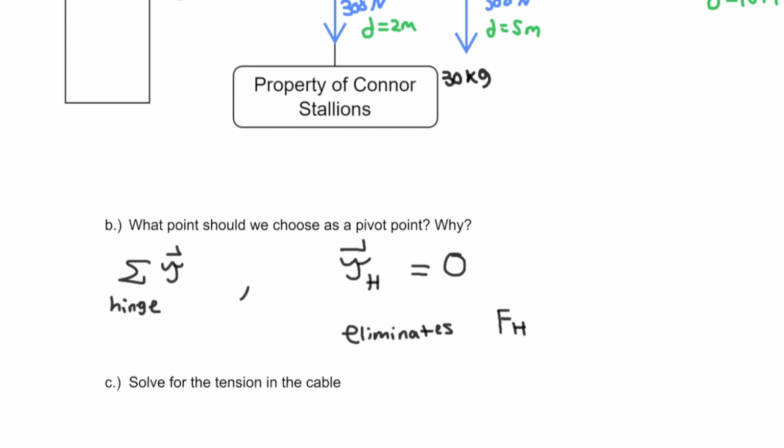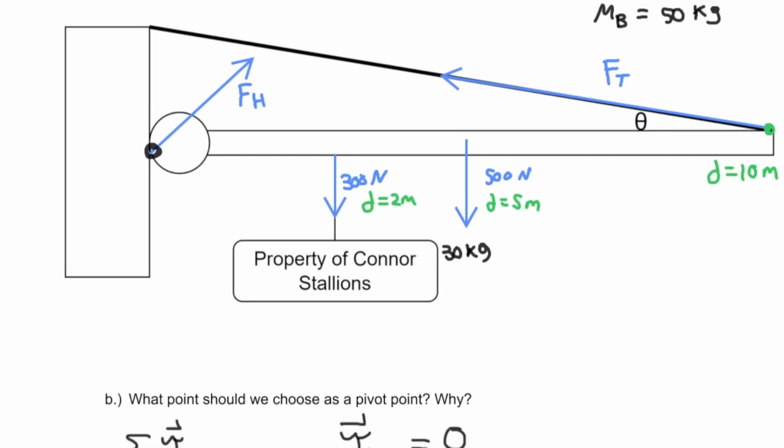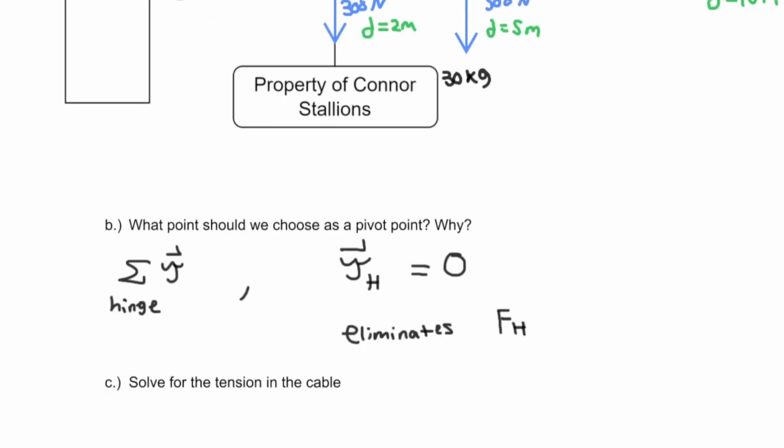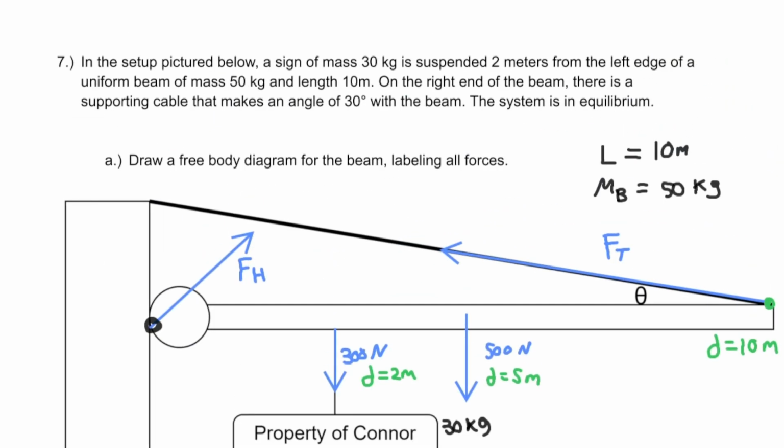So it eliminates the hinge force. Another good candidate would be to sum around the right end of the rod to eliminate the tension force, but we just know so little about the hinge force right now. We don't even know the angle it's acting at. We know less about that. So it makes sense to do the hinge first. Solve for the tension in the cable.